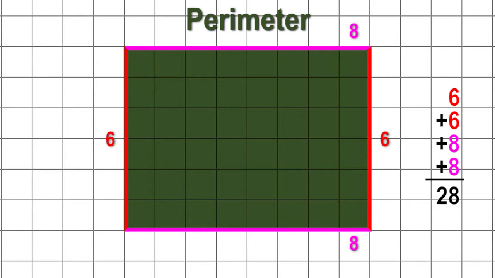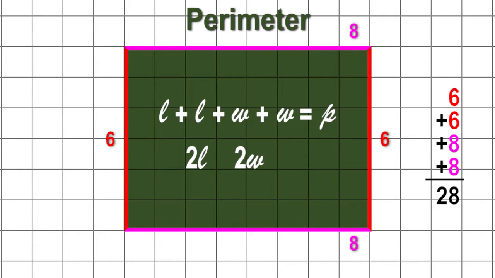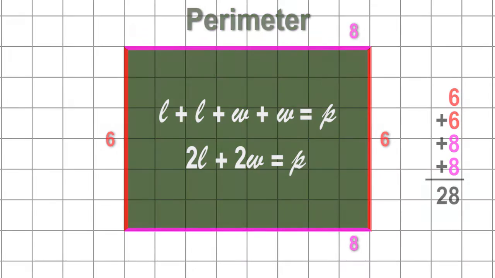So our rule could be length plus length plus width plus width. Since there are 2 lengths and 2 widths, we could say 2 lengths or 2L and 2 widths or 2W. So our rule or equation is 2L plus 2W, which equals P, where P is the variable for perimeter.